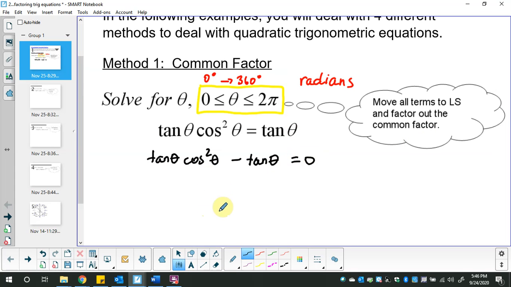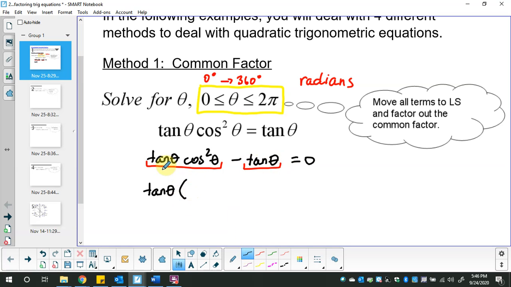Now in a minute I'm going to put some stuff in here, but some of you might be able to see that there is a common tan theta between this term, which is term number 1, and this term, which is term number 2.